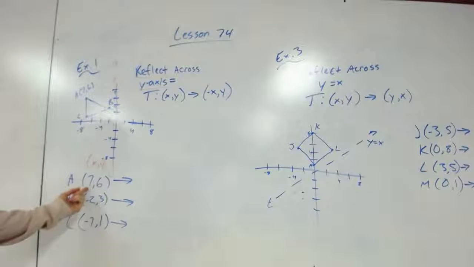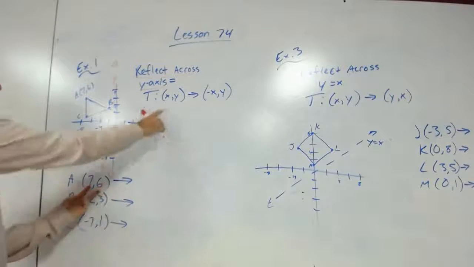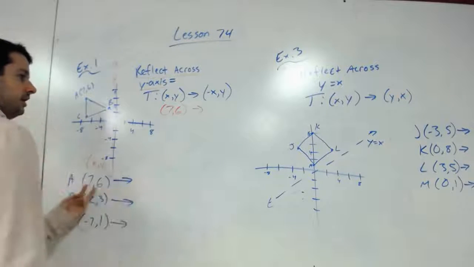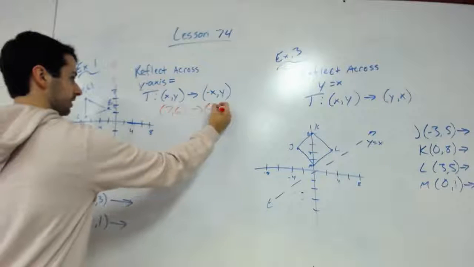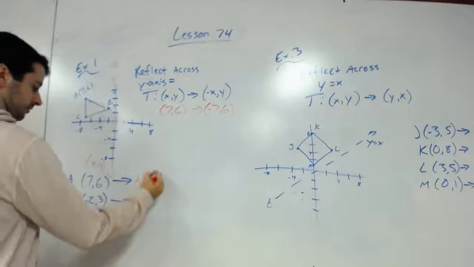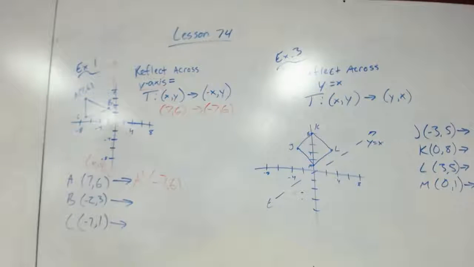All we're going to do is, in the coordinate 7, 6, if we're going from original 7, 6, all we need to do is make the x negative, well then, this is going to be negative 7, positive 6. And that's all you're doing when reflecting across the y-axis.